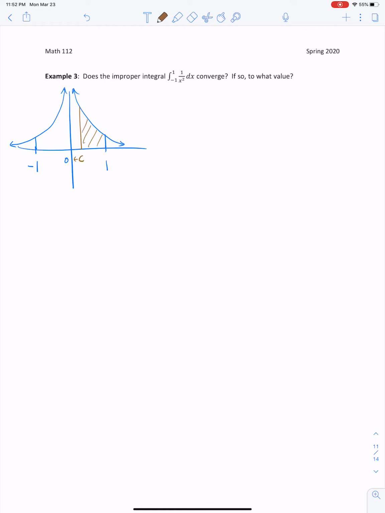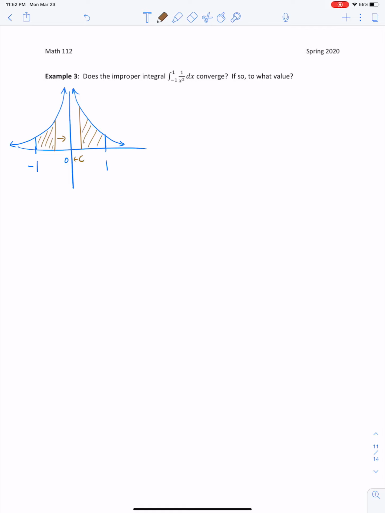And if we didn't know that this function was symmetric, we would need to take another point in this other interval and then consider another limit.